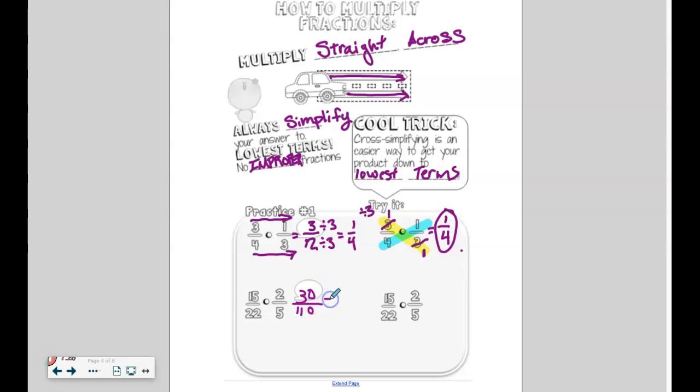So we need to simplify. We're going to divide them both by 10. So we get 3/11.